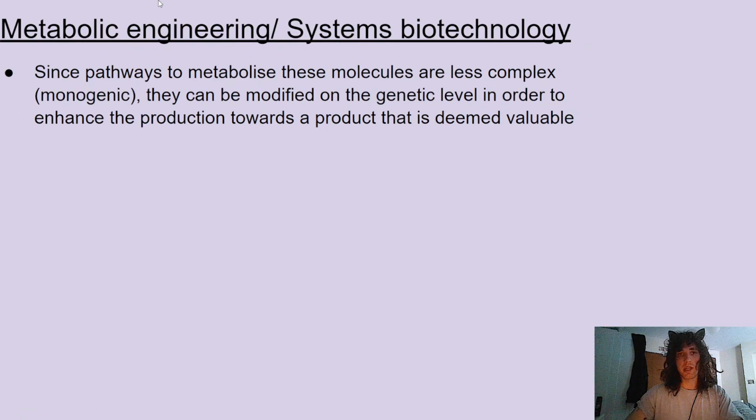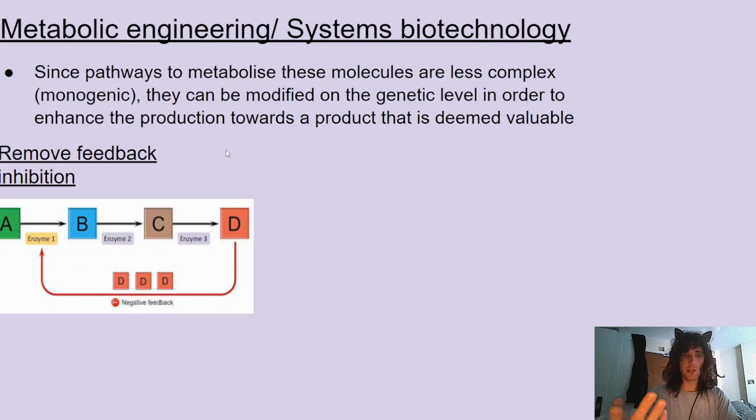So what is metabolic engineering, or systems biotechnology? Either works. Since these pathways and molecules are less complex, they're monogenic, so they can be modified very easily. You have product A and then product B, and a single enzyme that codes for the conversion of product A to B. You can modify this enzyme very easily since it's monogenic.